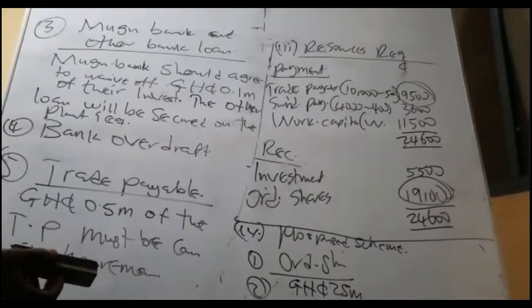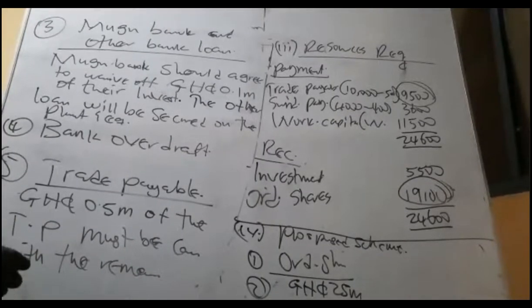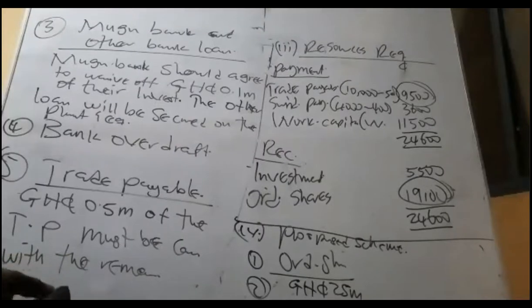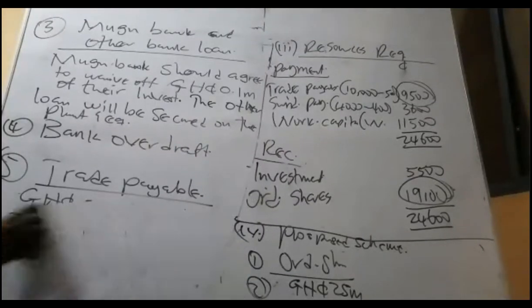So 0.5 million of the trade payable must be cancelled with the remaining balance being paid what? Immediately. Full stop. You are done with trade payables.